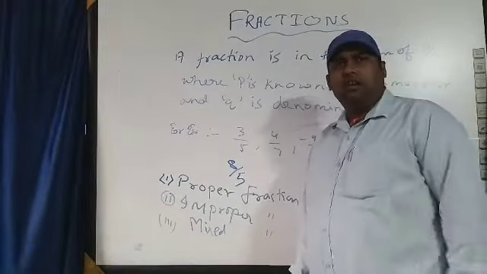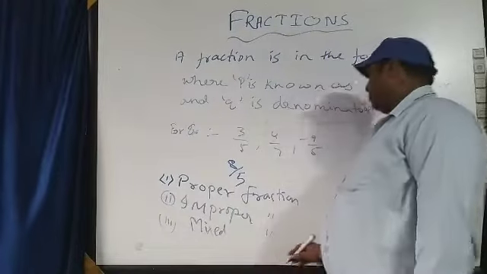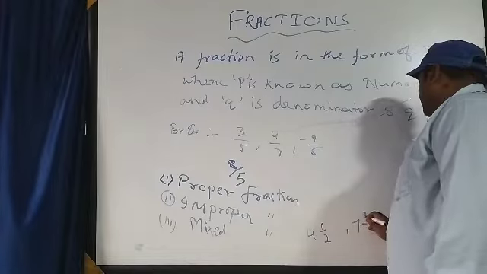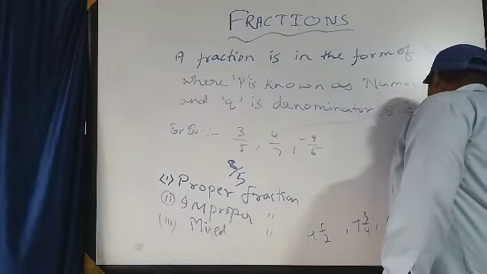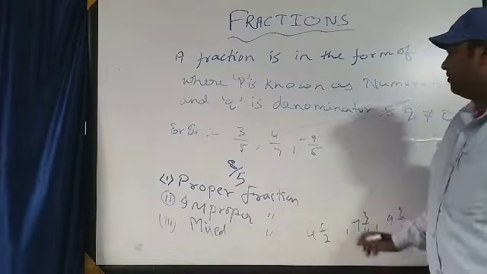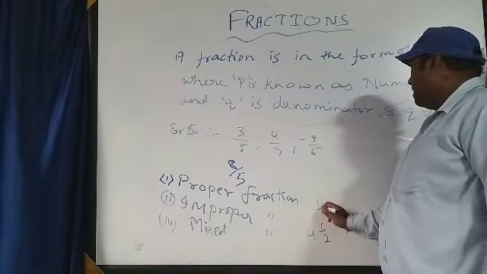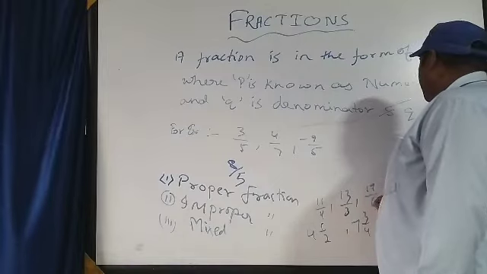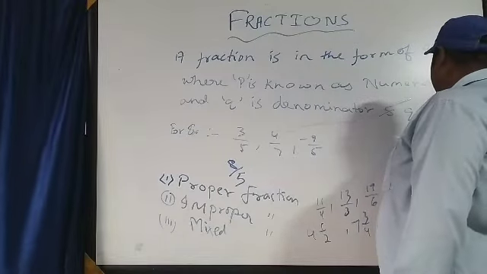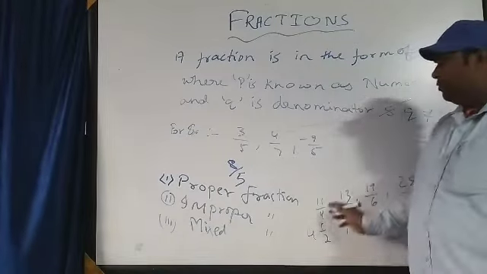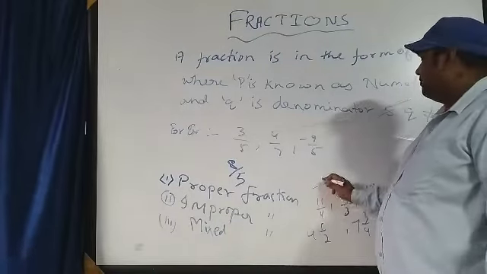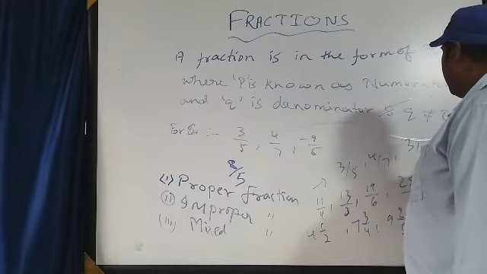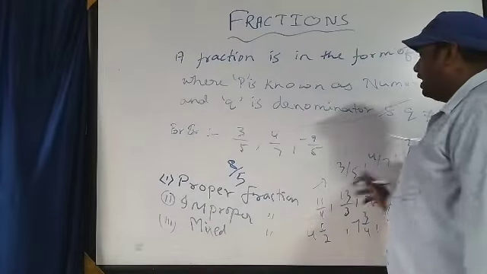For example, 4 complete 1 by 2, 7 complete 3 by 4, 9 complete 2 by 5 are all mixed fractions. Improper fractions: 11 by 4, 13 by 3, 19 by 6, 28 by 8. And proper: 3 by 5, 4 by 7, 3 by 9, 1 by 8.